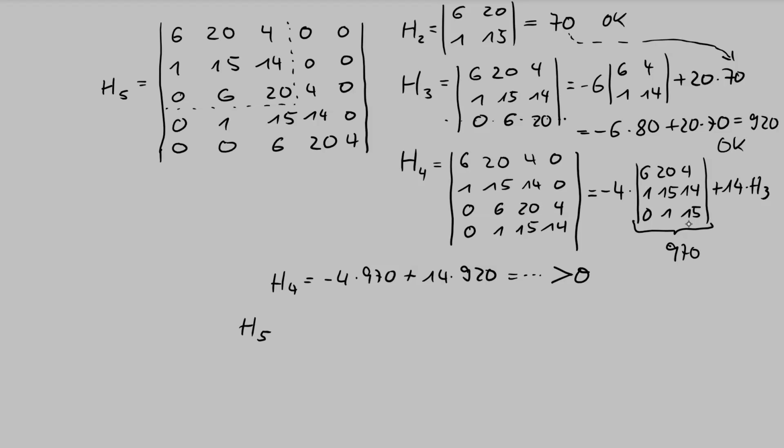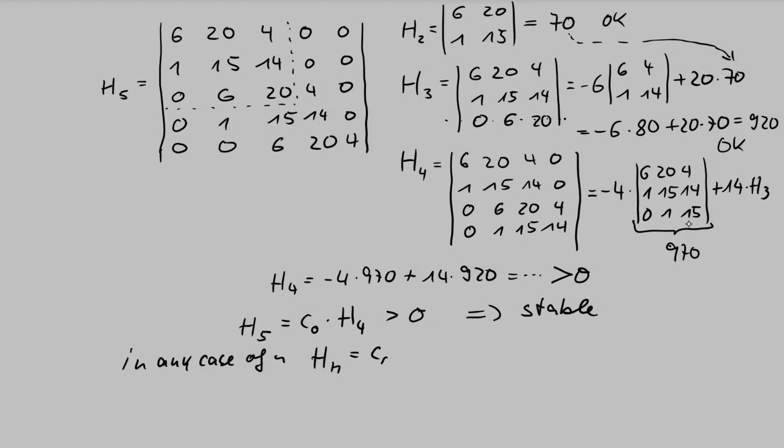Note that H5 is nothing else than C0 times H4. If C0 is positive, and H4 is positive, as we have calculated here, then of course H5 is also larger than 0. There is no other way. We can say this system is stable. In any case of n, Hn must always be C0 times Hn minus 1.